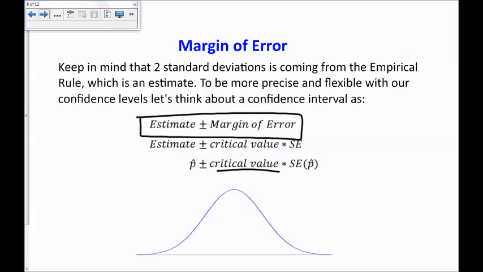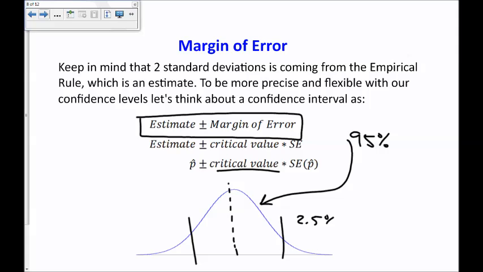So let's first look more in depth at a 95% confidence level. If this is the center and I want the middle 95% of my data, then in here is 95%, so on the ends, I have 2.5%.